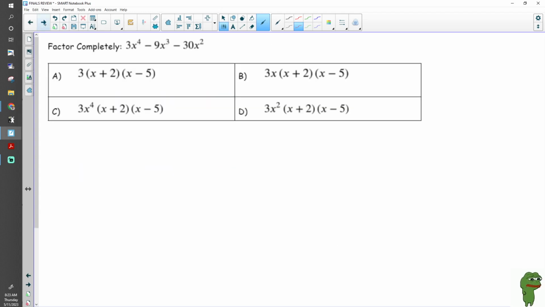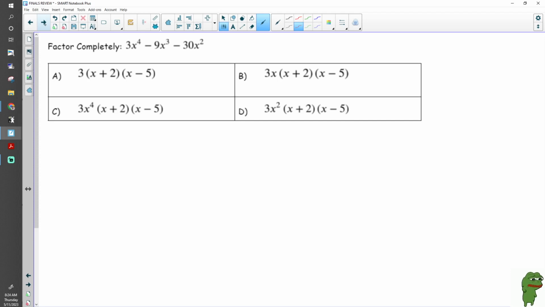All right, so here is your multiple choice question. It says factor completely: 3x to the 4th minus 9x to the 3rd minus 30x squared, and it is multiple choice. It does not tell us how to factor it. It just tells us we need to factor it.